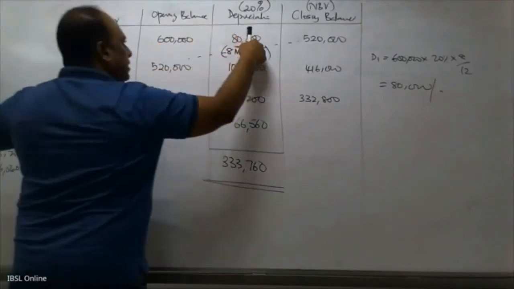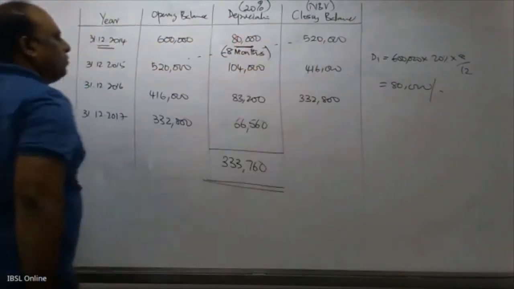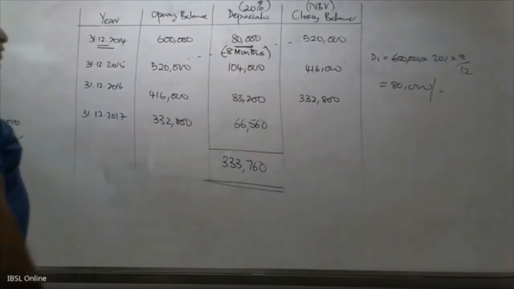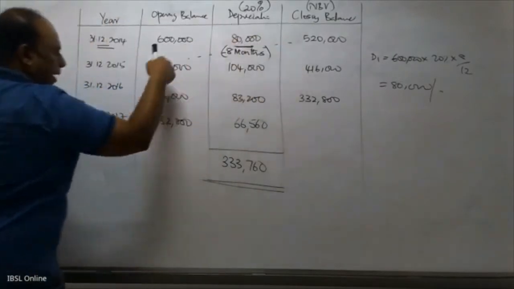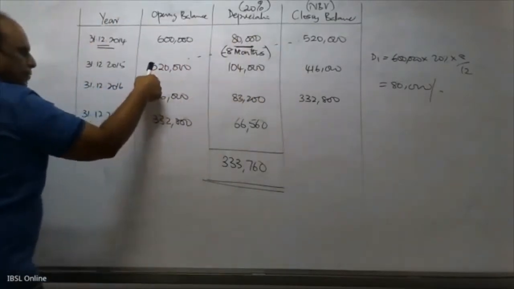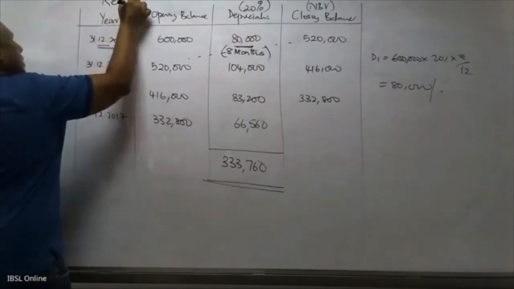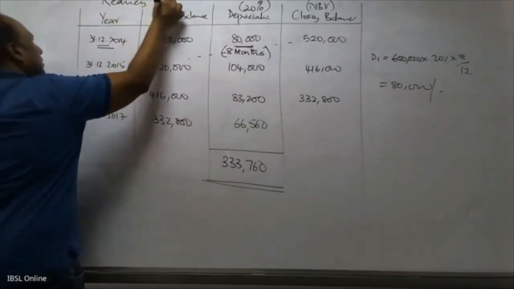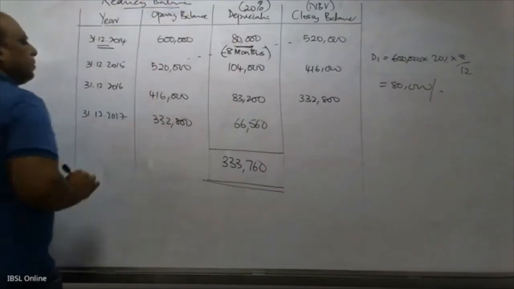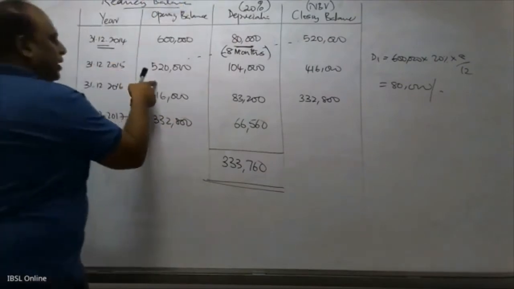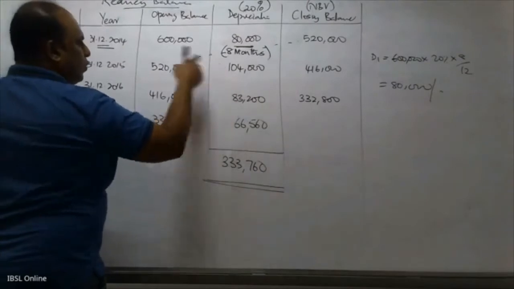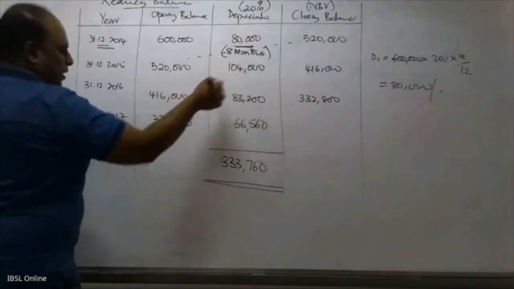Cost minus depreciation gives you 520. Then the 520 comes as the opening balance for the next year, because I am using the reducing balance. So 520 into 20%, I get 104. Then likewise.